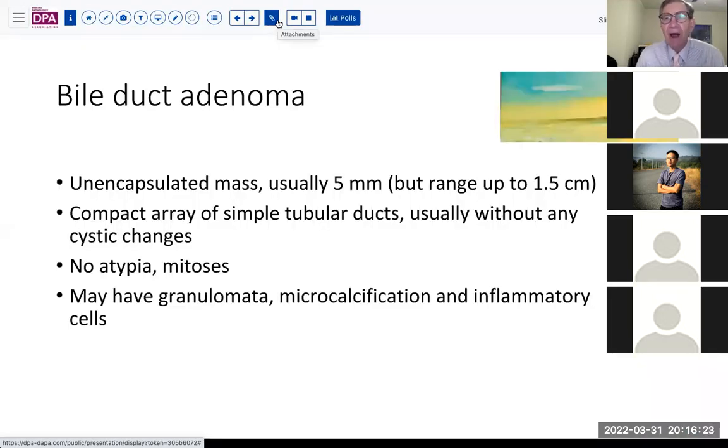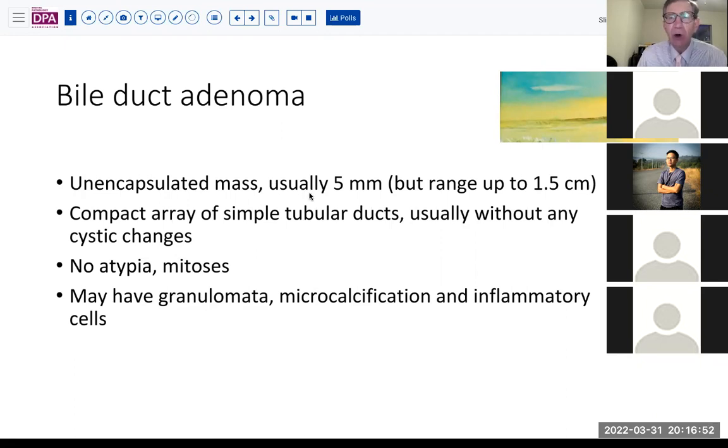And we'll go to bile duct adenoma. These lesions are usually small, usually less than 5 millimeters, not encapsulated, and they tend to be rounded. They have very simple tubular ducts and are not cystically dilated. There's no atypia and no mitoses, but you can get some inflammation, granulomata, and so forth.